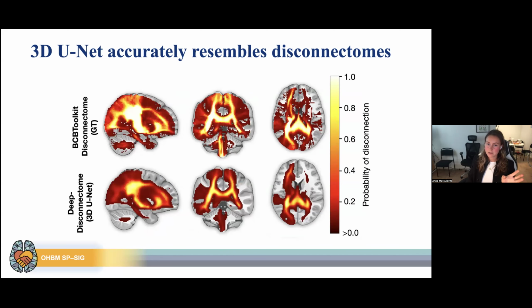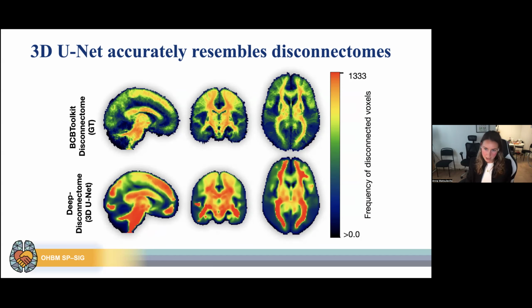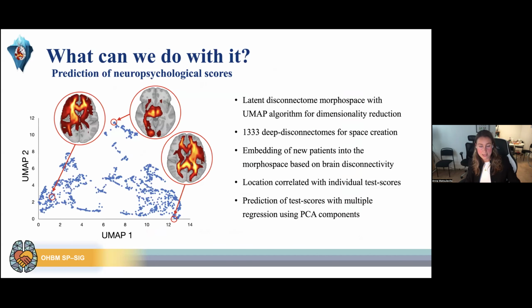But our goal was to check, okay, we got a pretty cool result here already, but can we use the deep disco somehow? For that, we created this morphospace using a dimensionality reduction algorithm, UMAP. In essence, you take all those 1,333 deep discos that we had as an output, and you try to reduce their dimensionality to create a 2D space.